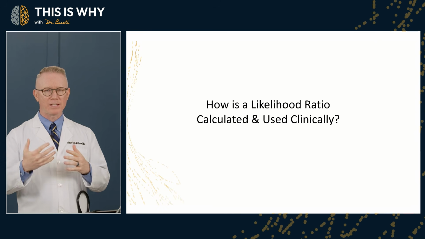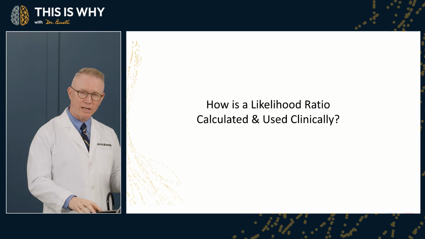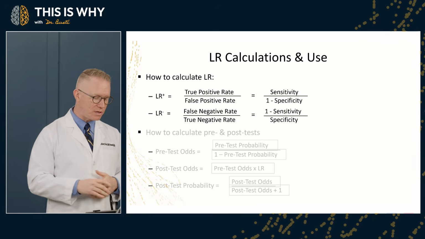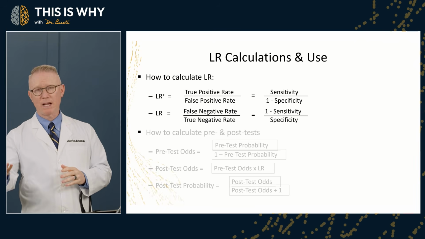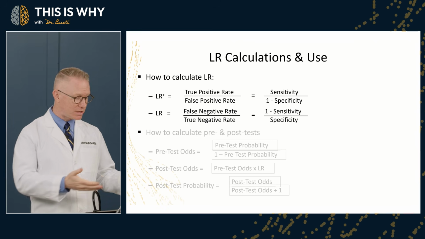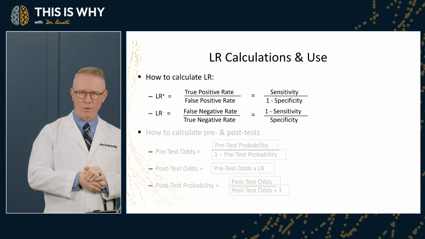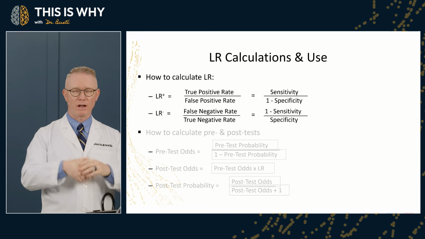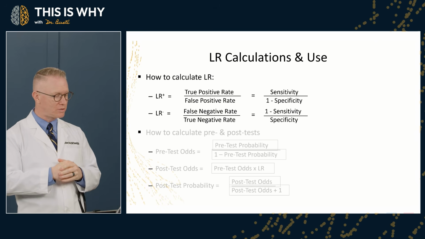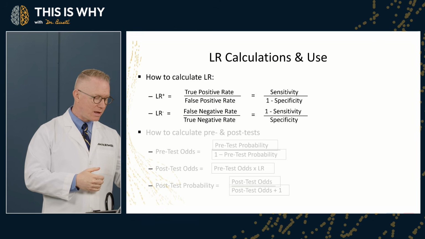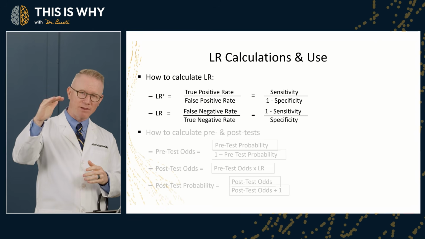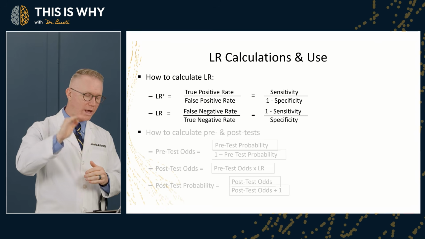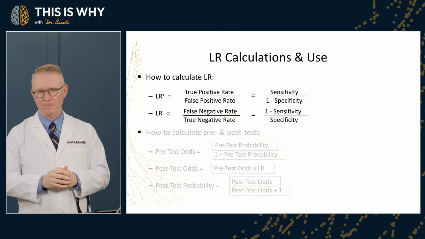So how is a likelihood ratio calculated and then starting to be used clinically? Well, this is the math. The reason I spent time talking about sensitivity and specificity is because you see it in the formula that's presented here. Now, I know those of you on our podcast channels cannot see this, but a positive likelihood ratio is the sensitivity divided by 1 minus the specificity.